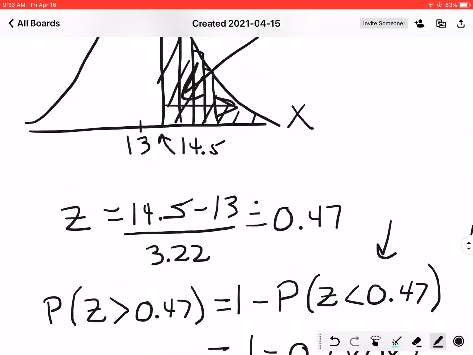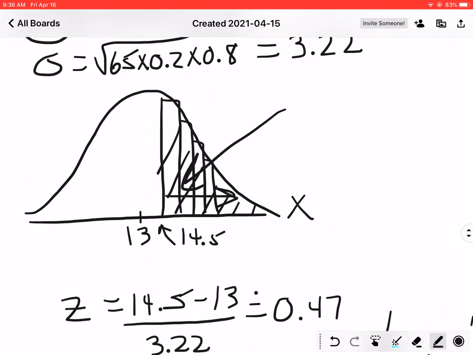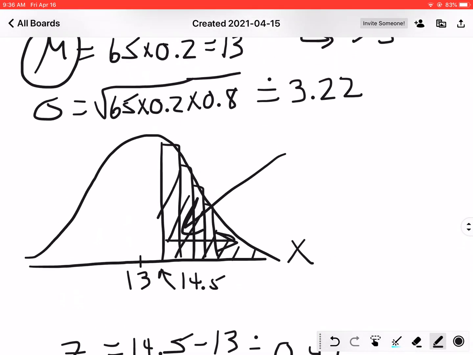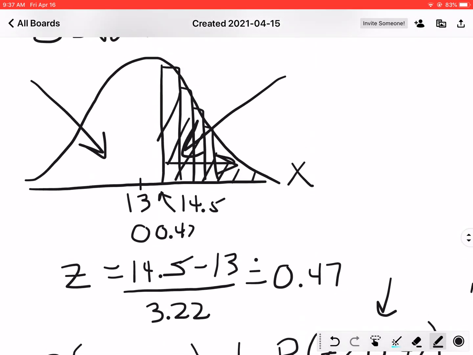Now let's go back to our diagram for a second. I don't just make you draw diagrams because I'm a mean old math teacher. Does it make sense that this part over here, the part to the left of Z equals 0.47, and by the way, I'm going to put 0 right there and 0.47 right there, and these would be the Z values?